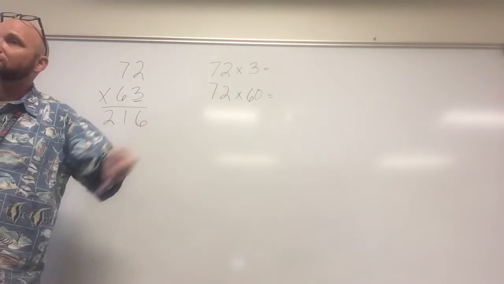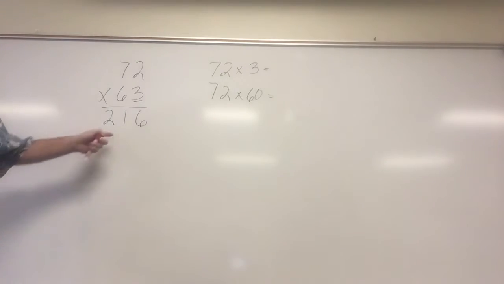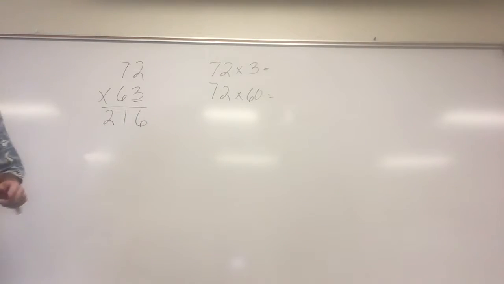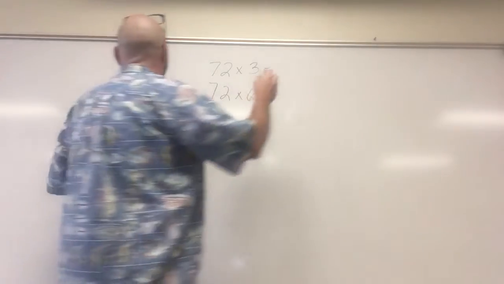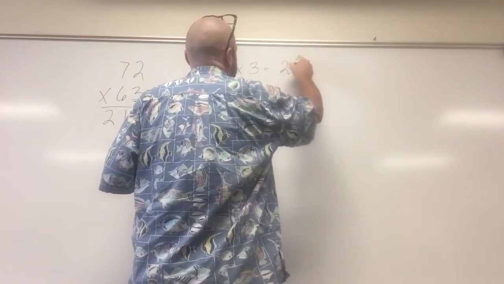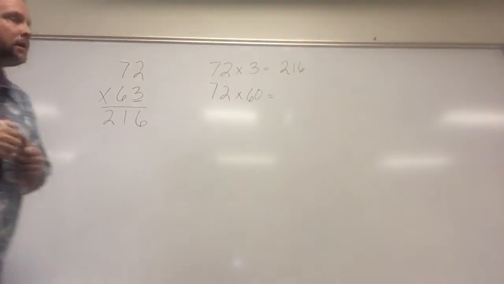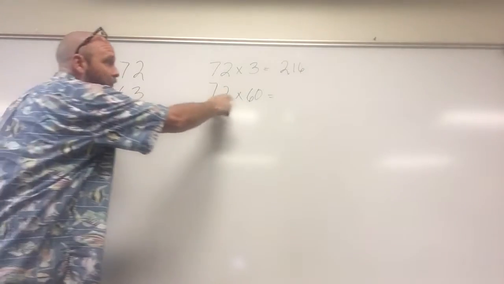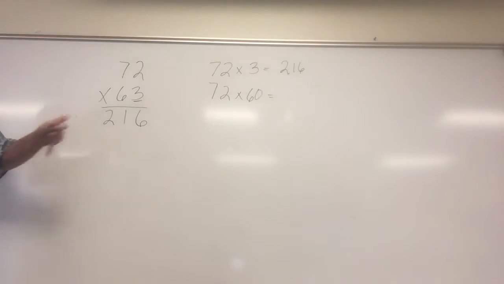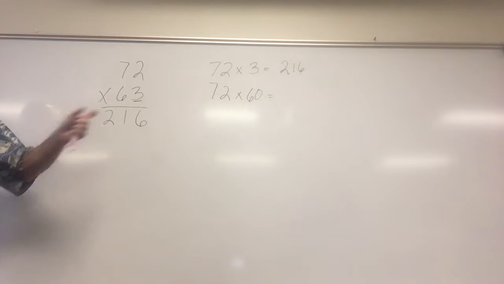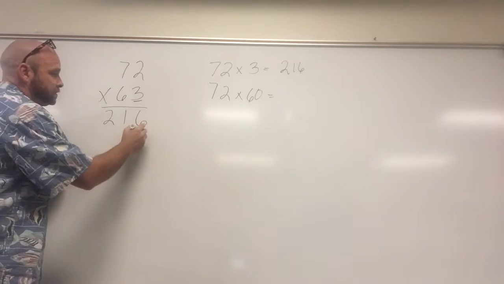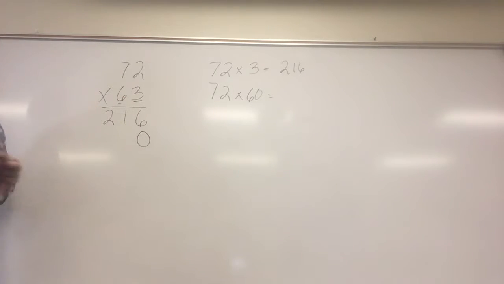72 times 3 equals 216. Now we're doing 72 times 60. Since I'm starting in my tens place, I have to put my 0 here, which means my first number has to be in my tens place.